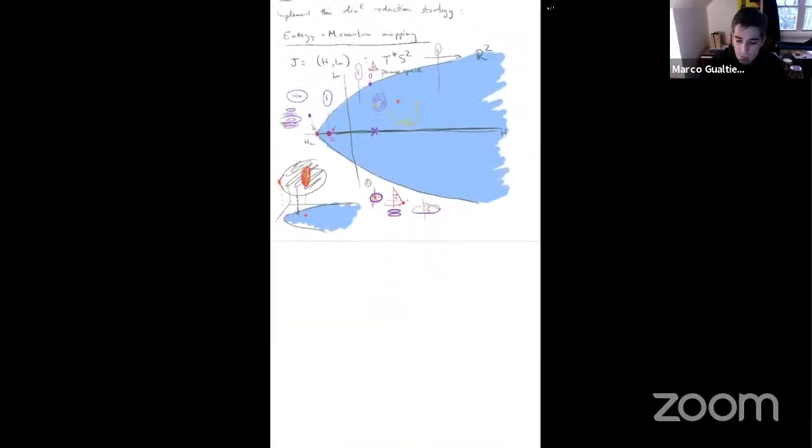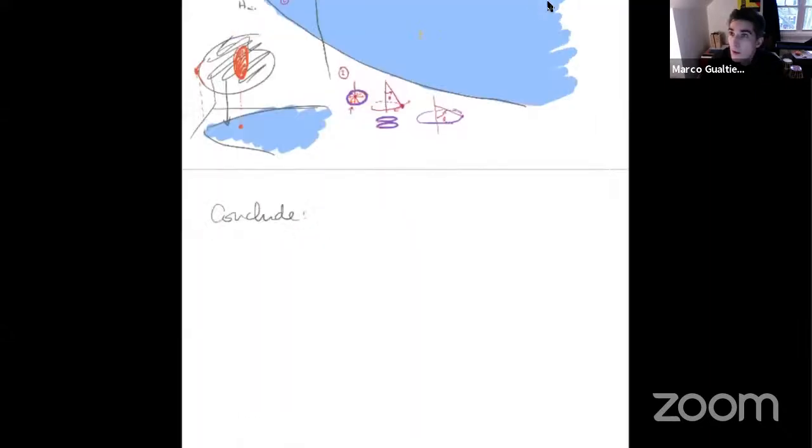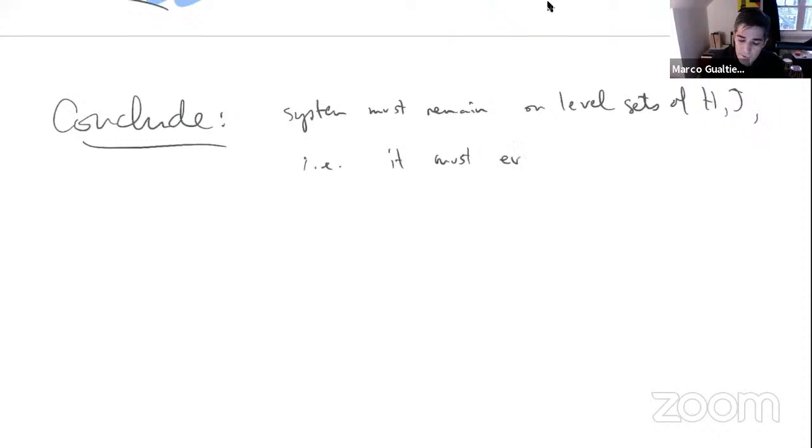So we conclude from this that the system must remain on the level sets of H and J, i.e., it must evolve on a torus generically.